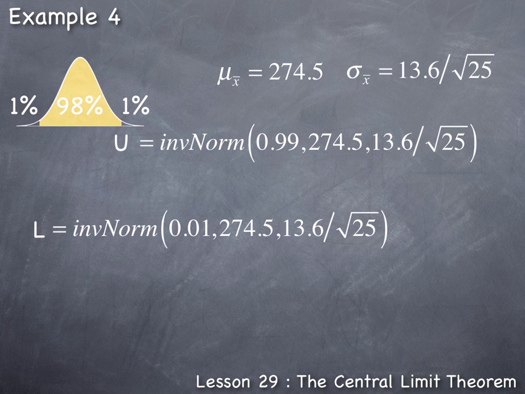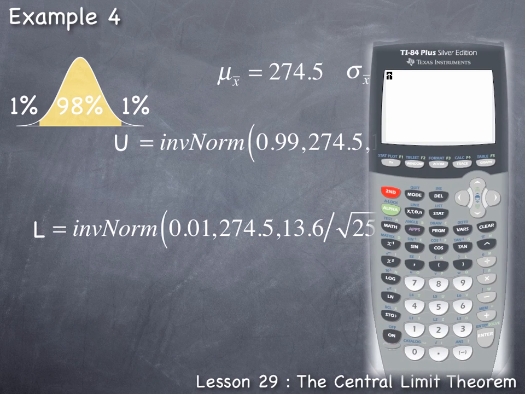To get there, we would press second, DISTR, arrow down to inverse norm, press enter. For L, we would enter in 0.01, comma, 274.5, comma, 13.6 divided by second square root 25, close parenthesis, enter.